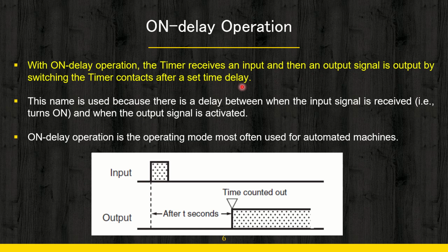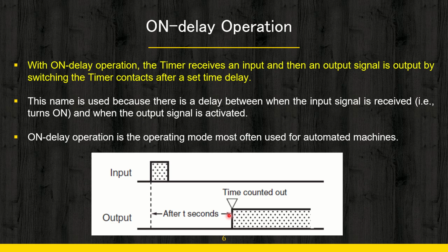This is the important concept: you give the input, which is actually the signal or the trigger that you are giving to the timer. The timer immediately does not give you the output. It will give you the output after a preset time is over.